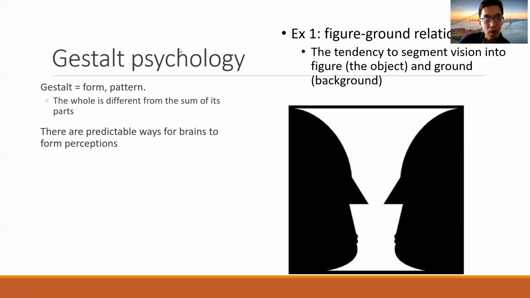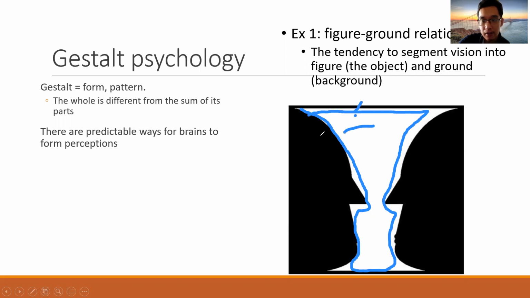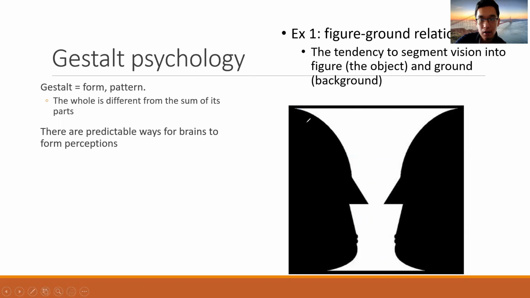So the white part is like a vase here, right? If the white part is the object, the black part is background. That is a vase. But if you perceive it another way, these are two human faces. The black parts are two human faces.